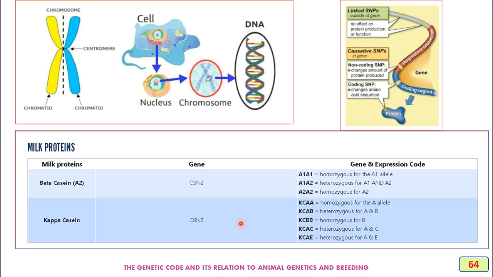So these are trade competitions created by some groups of people who always fight for benefit. Then kappa casein is also known as CSN3. So beta casein and kappa casein, all these are going to change the milk protein traits.